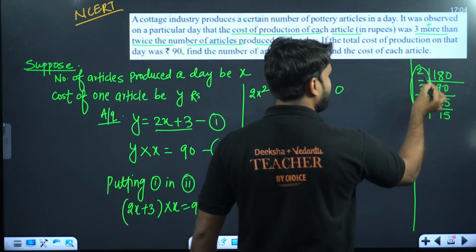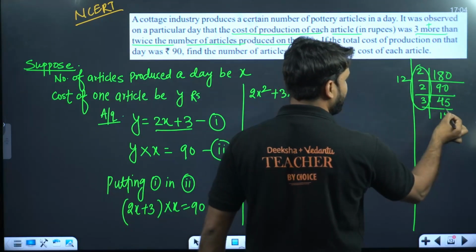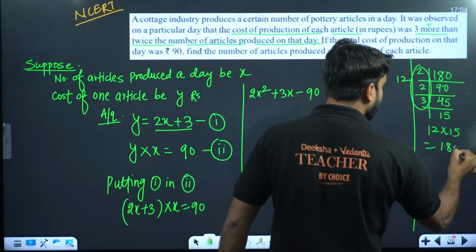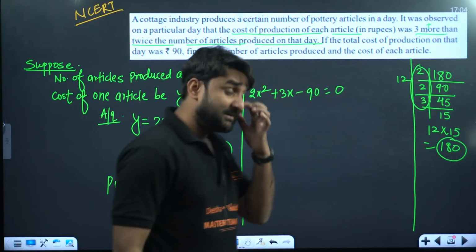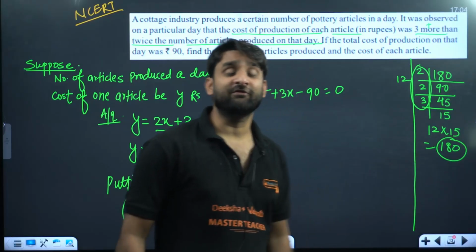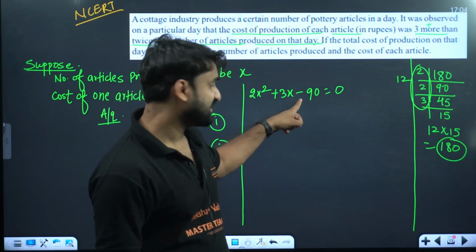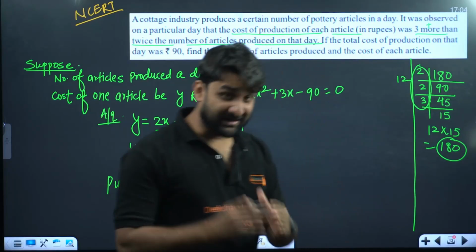So the product of these numbers is 12 and 15. If you multiply 12 into 15, you will get 180, and the difference of 15 and 12 is also 3, which is the middle value, and this is the subtraction sign. So 15 and 12 is the correct pair.